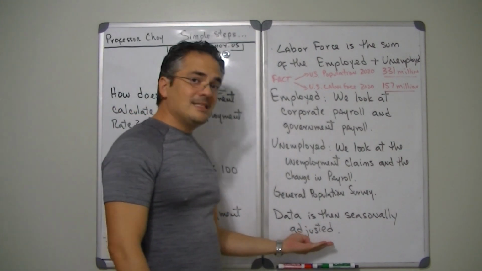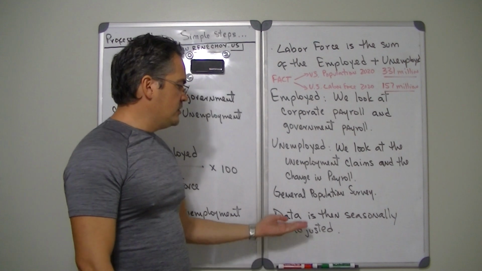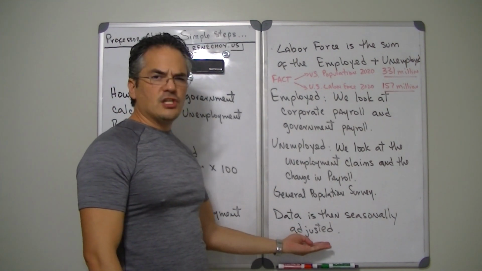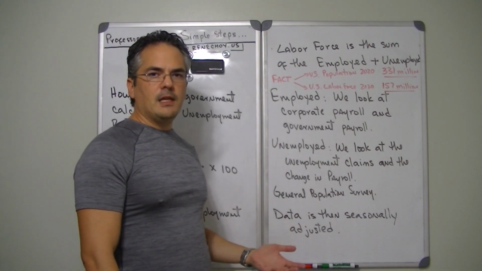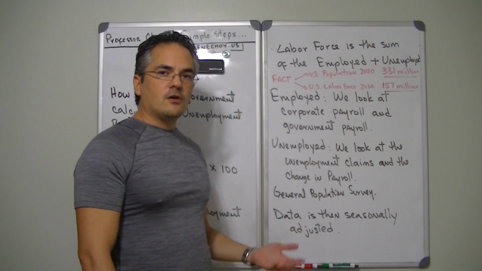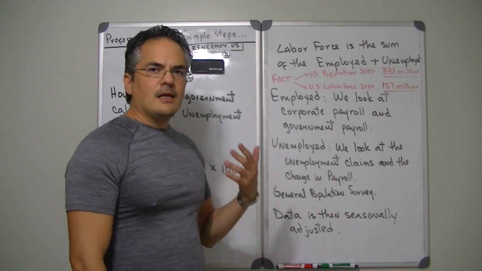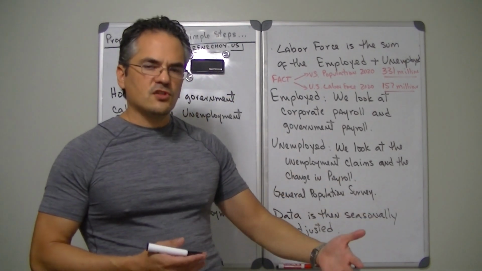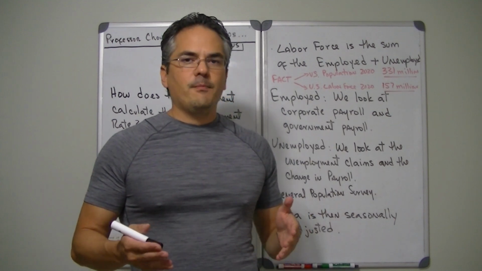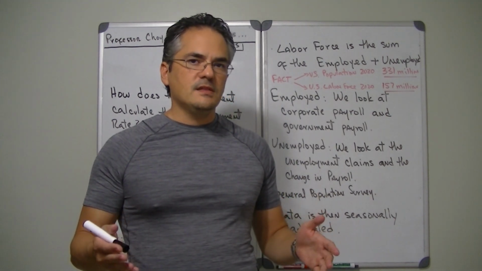Now, the last thing that they do with the data is what we call a seasonally adjusted unemployment rate. And this is something that for some people might be a little trivial. But in general, what it means is that plenty of jobs in the US, think about winter versus summer, are basically seasonal.